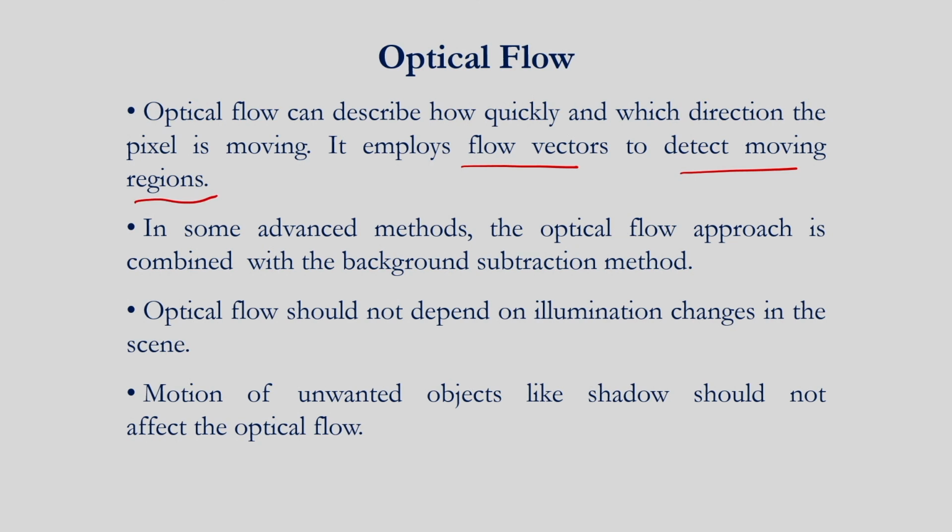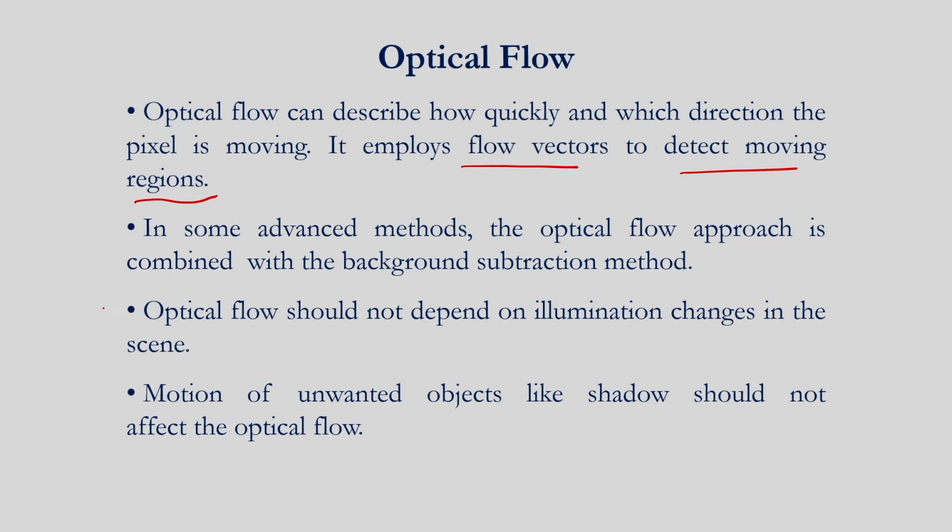And the optical flow approach can be combined with other background subtraction methods. By combining the optical flow method and the other background subtraction method we can determine the moving regions, do the motion estimation, and separate the foreground from the background.